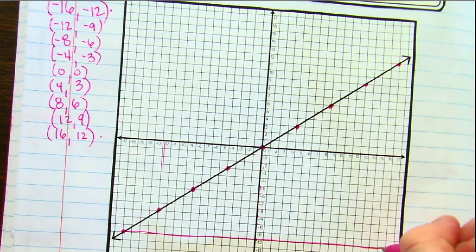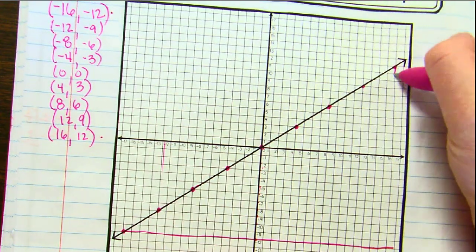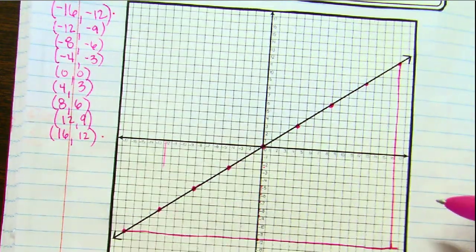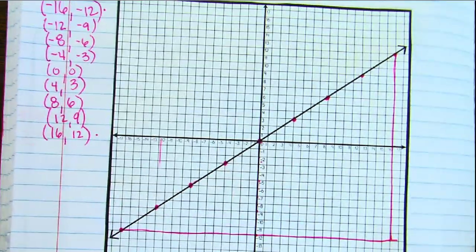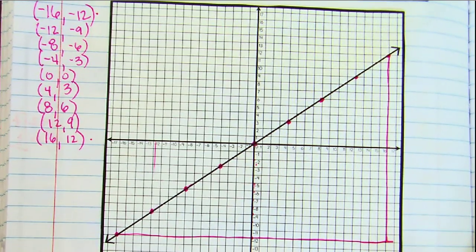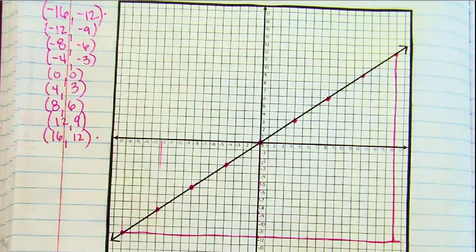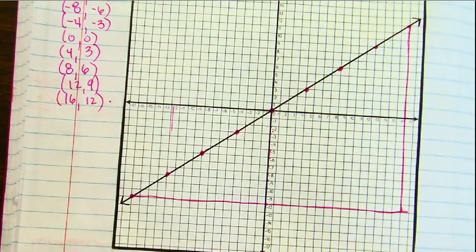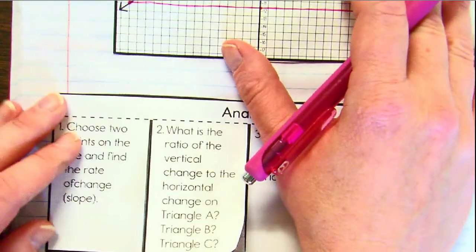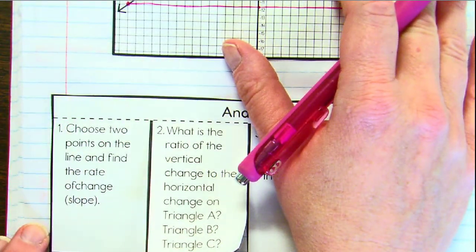So I can make one big giant triangle by making a right triangle right there. And I can find the slope of the line that way. Okay? So let's just say that's what we want to do. For whatever reason, let's just do that. So I chose 2 points on this line, and I'm going to find the rate of change of that slope.